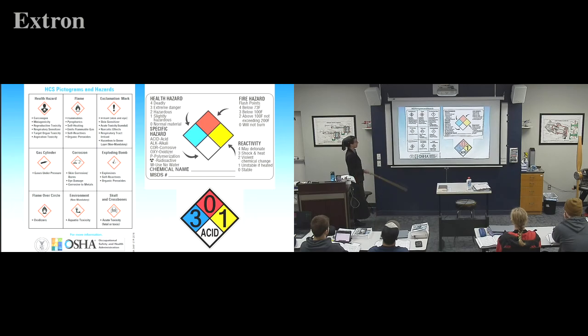Some other stuff, the exclamation mark means it can be an irritant, skin sensitizer, acute toxicity, narcotic effects, respiratory tract irritant. This little gas cylinder looking thing is a gas cylinder representing gases under pressure. So those have to be handled carefully.